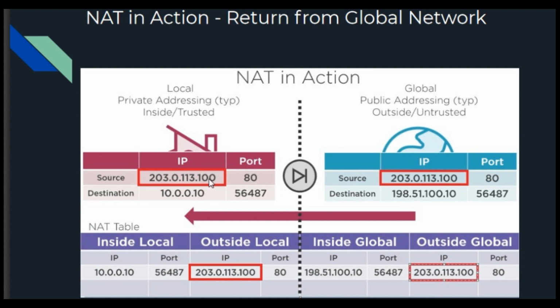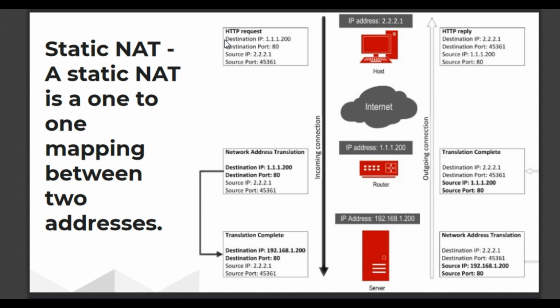Here is one example for better understanding. We have already discussed static NAT, but here is one example. Static NAT means a one-to-one mapping between two addresses, mapping a private IP address to a public IP address, and a public IP address to a private IP address.